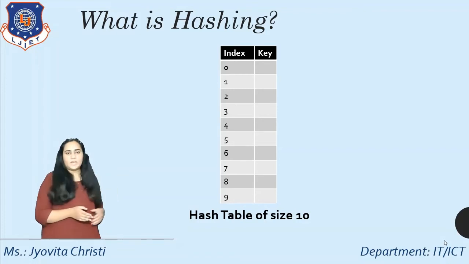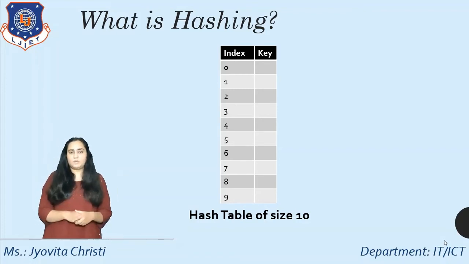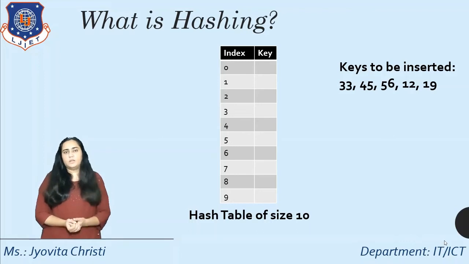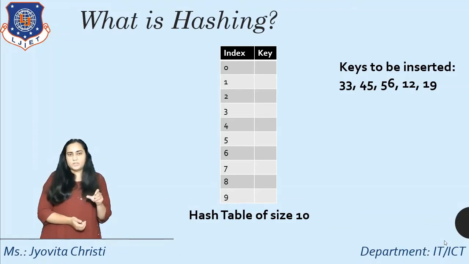Now, once you have the hash table ready, the next thing you need are keys. You require keys to be inserted. These are the values. In the previous part of the video, I explained to you that there are IDs of instructors. Those were really large numbers, but obviously I'm not going to use such large numbers in order to explain to you what hashing is.